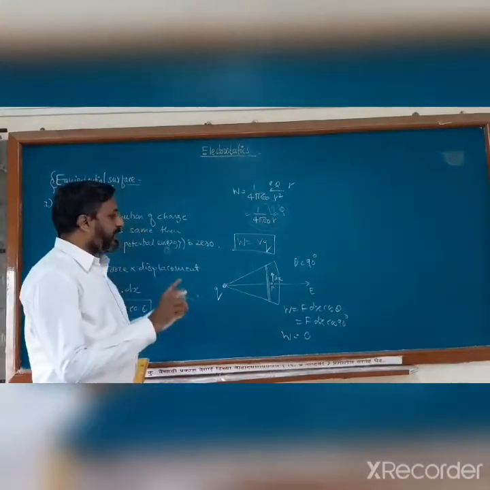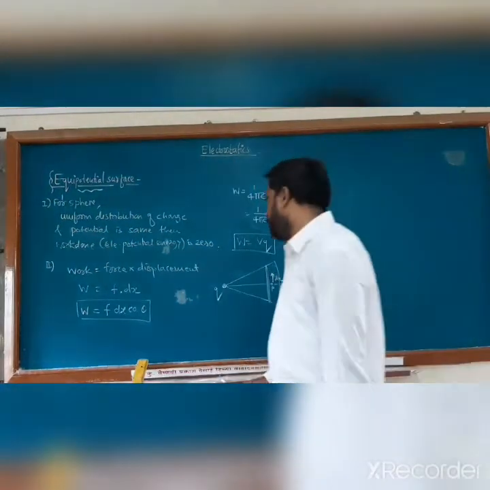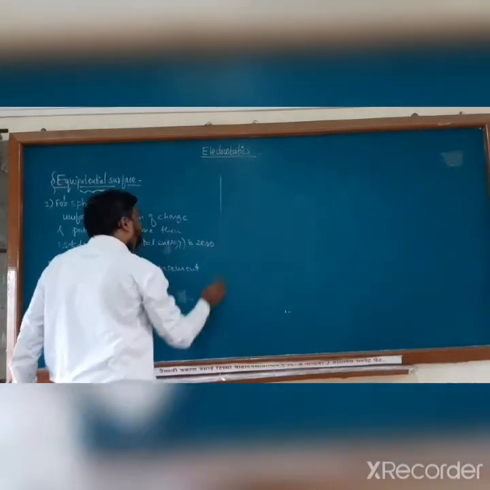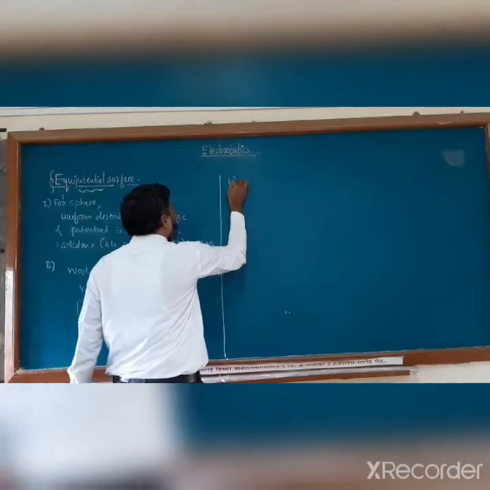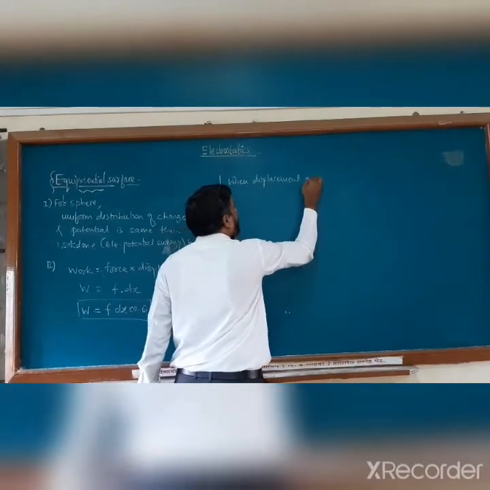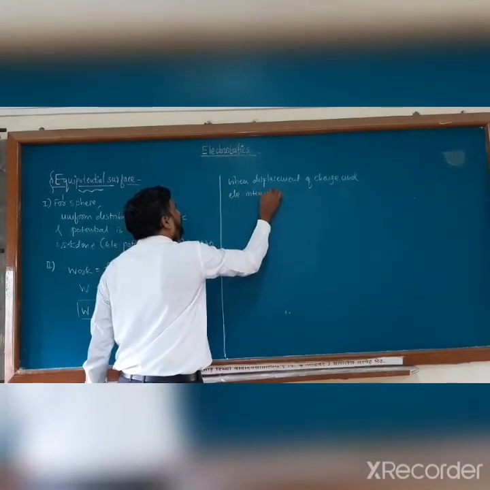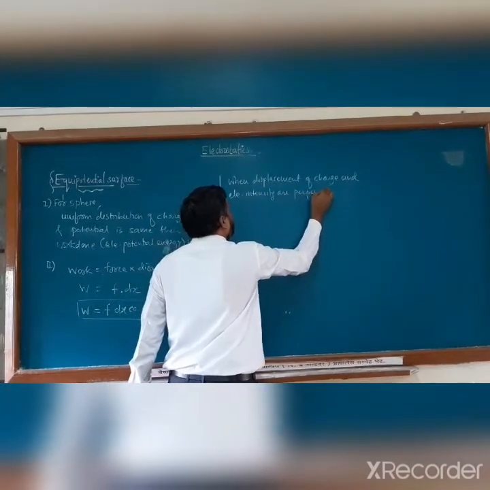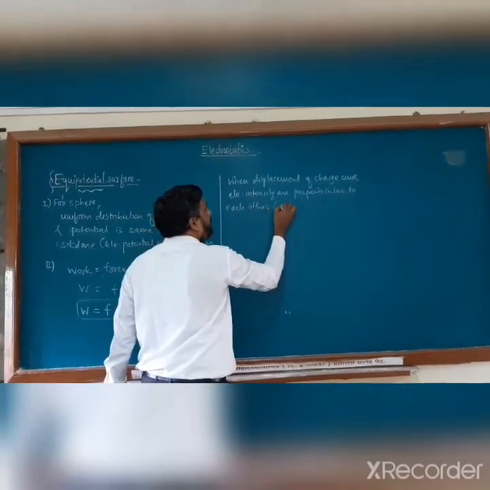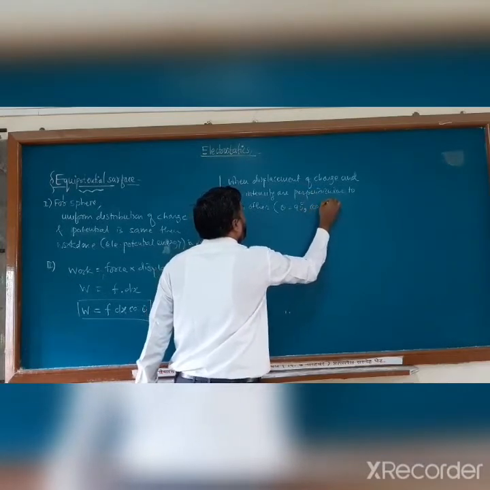This is one more thing. When a displacement is exactly perpendicular to the direction of electric intensity, then work done is equal to 0. So from this formula, we have to write one more point in your notebook. When displacement of charge and electric intensity are perpendicular to each other, I am writing here theta equals 90 degrees, cos of 90 degrees equals 0.